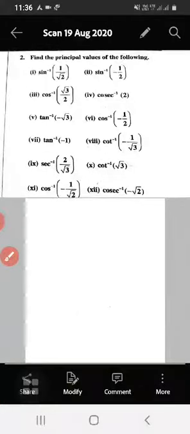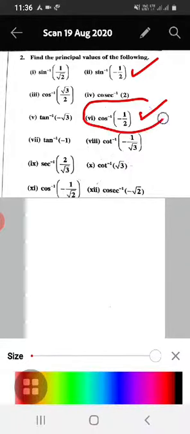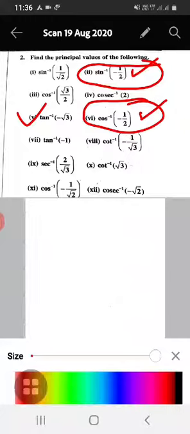Okay, so here I have worked out the second one and the sixth one. These two have been worked out, and I used the property. Now let us consider the fifth one.